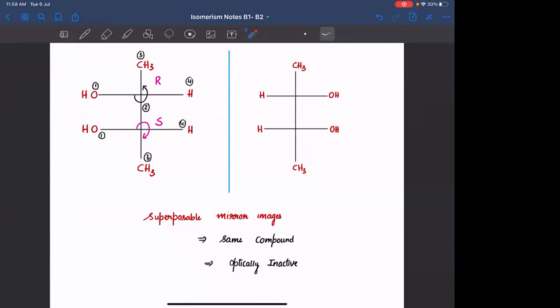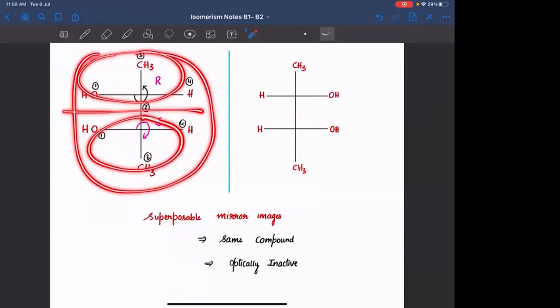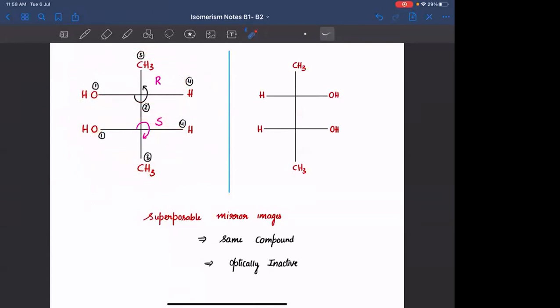The individual half parts are optically active, but the overall molecule becomes optically inactive. What is the reason? These two are mirror images of each other, so the rotations cancel. Such a compound is called a meso compound. Very important. This is called meso.